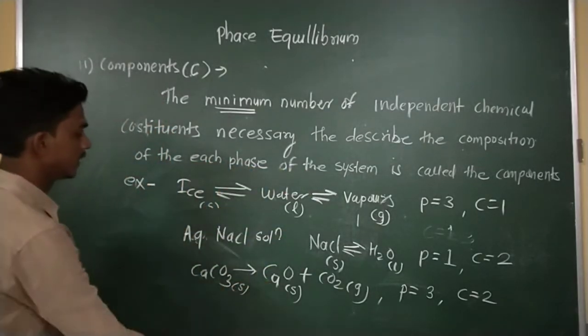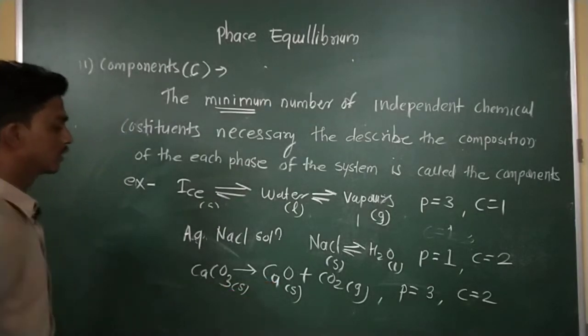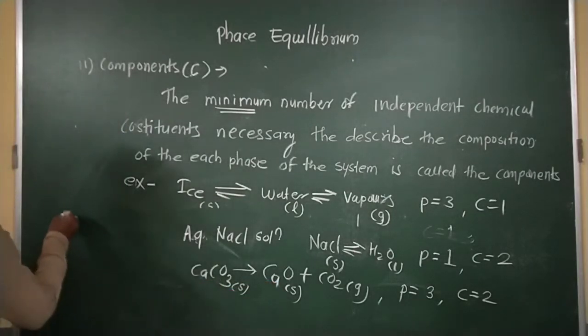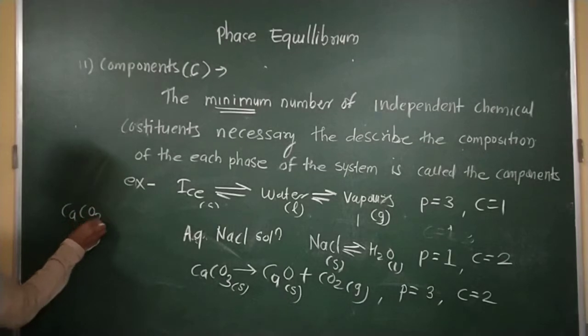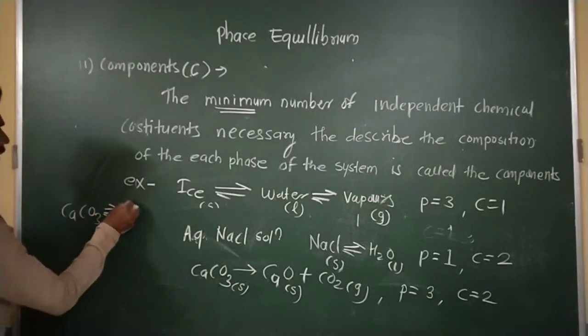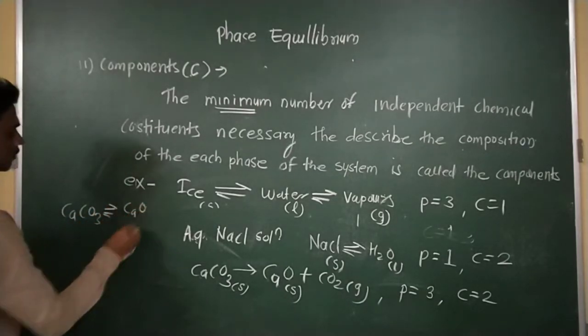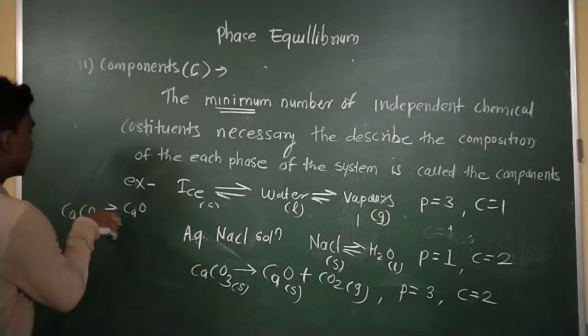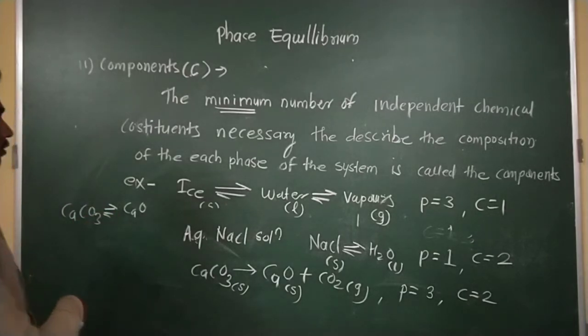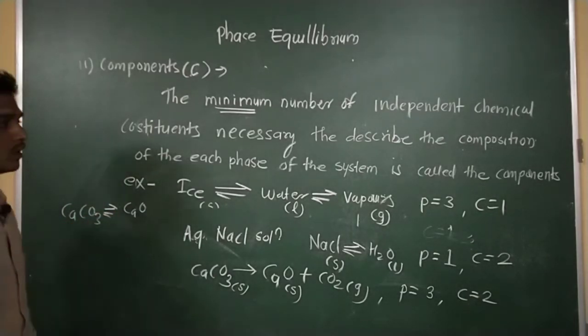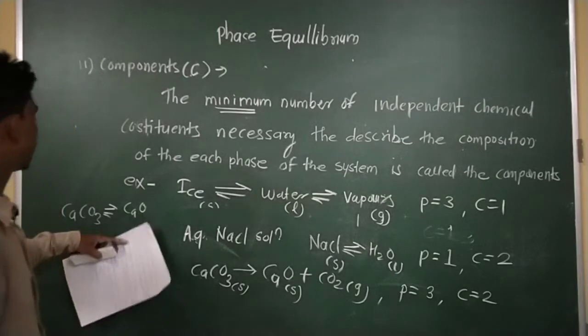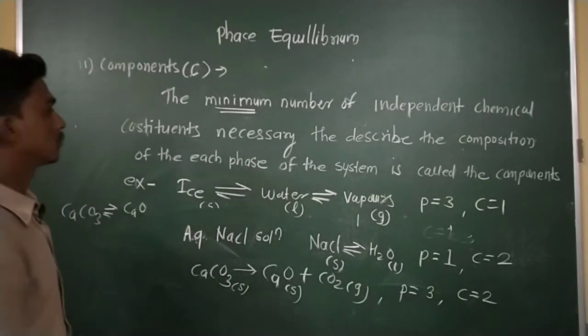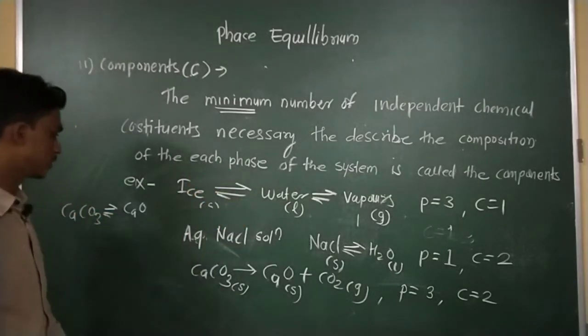Suppose this is the solid, and this is the solid, so I am writing here like that, calcium chloride is in equilibrium with calcium. These are the two chemical components. These two chemical components are necessary, or we can say sufficient, to describe the compositions of each phase.